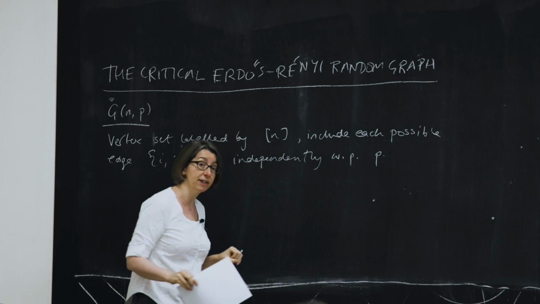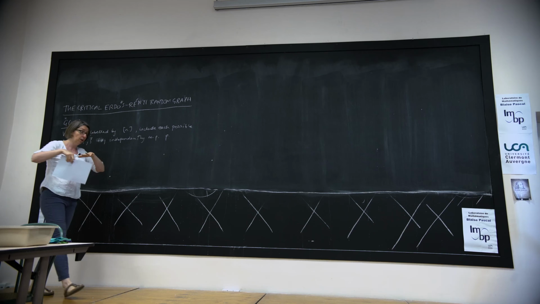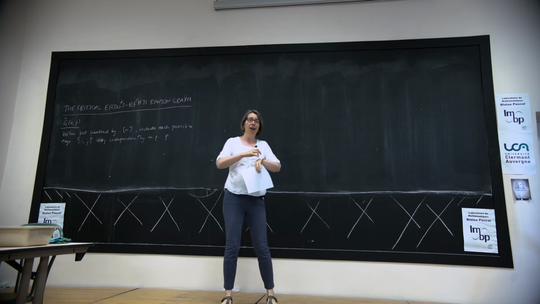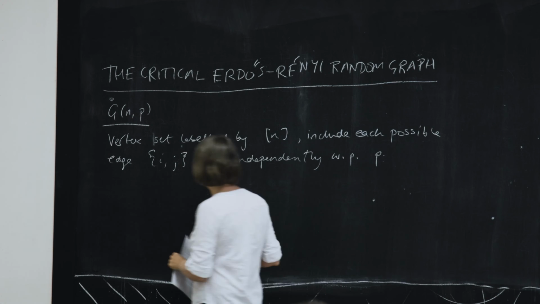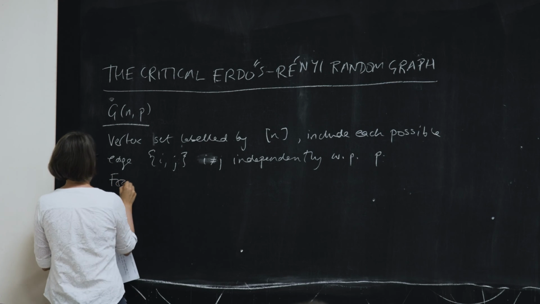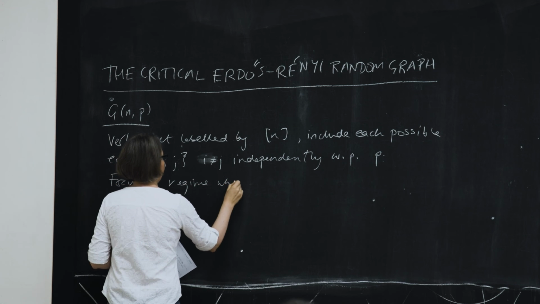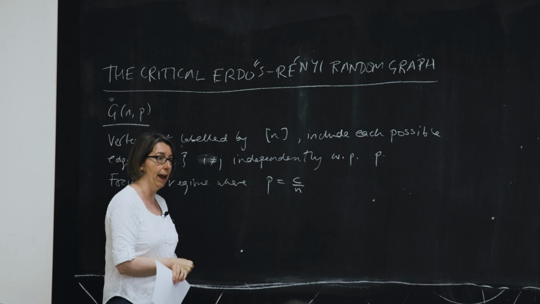And what I'd like to look at is the sparse regime where we have nice tight vertex degrees. In particular, I'm going to focus on the regime where p is a constant divided by n.